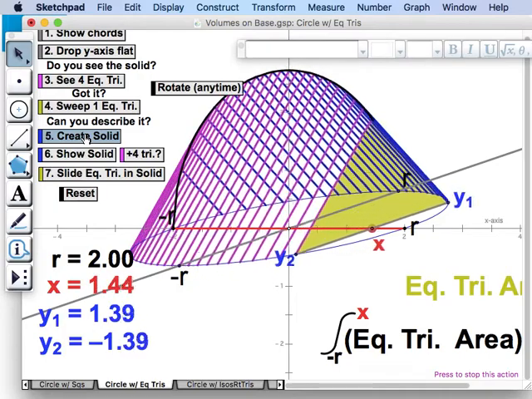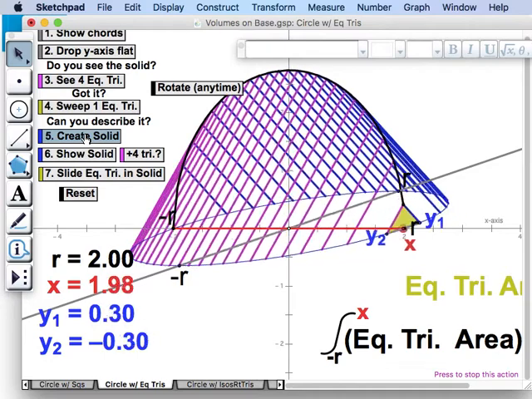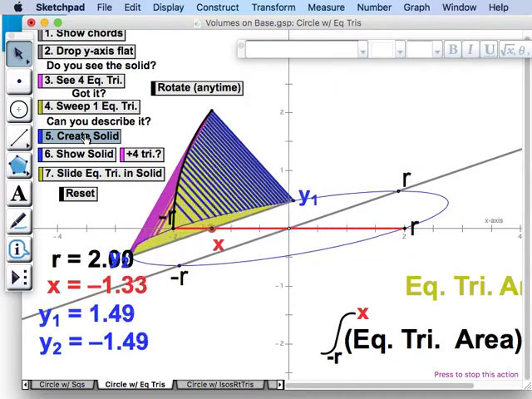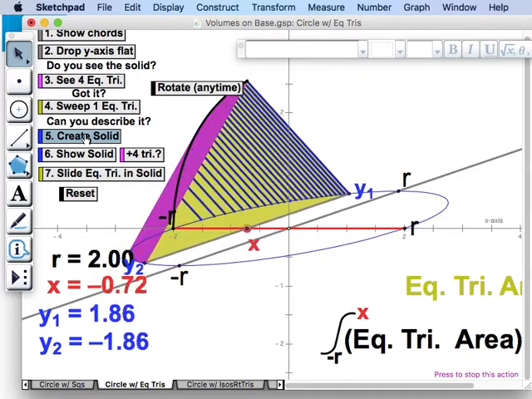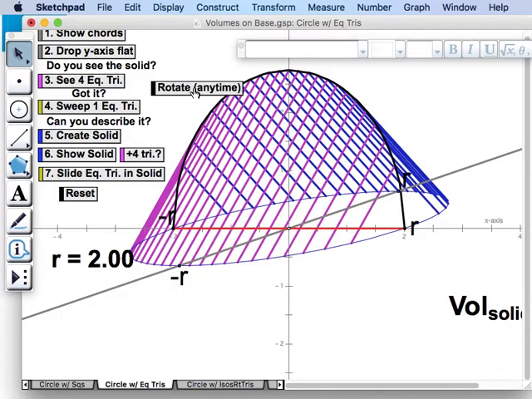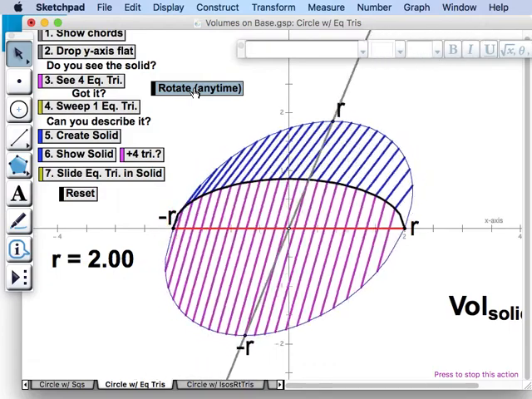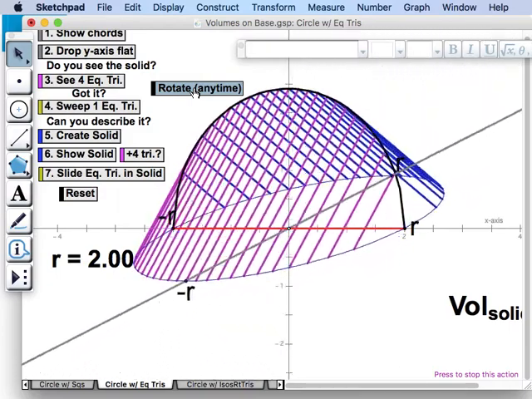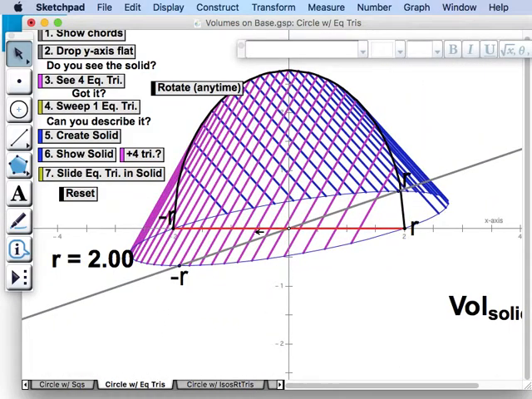What shape are we getting with this black curve and the red diameter? A parabola? Nope. It's a semicircle. When everything is said and done, that puppy would be a semicircle.